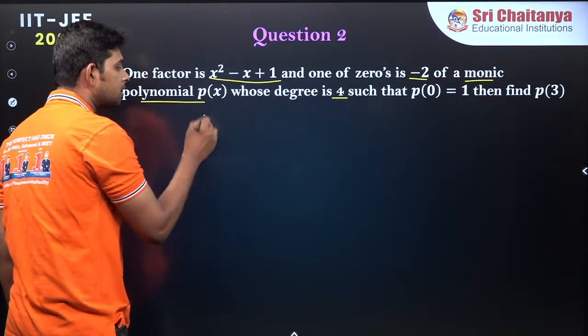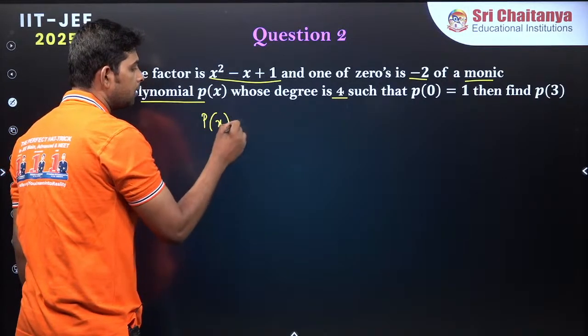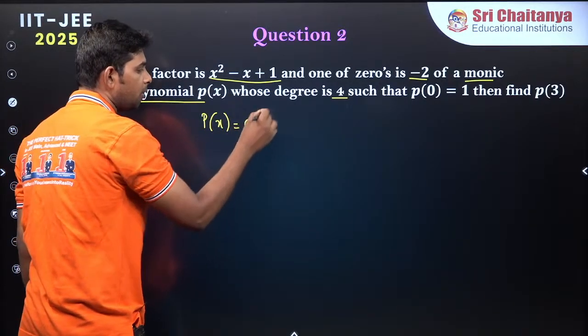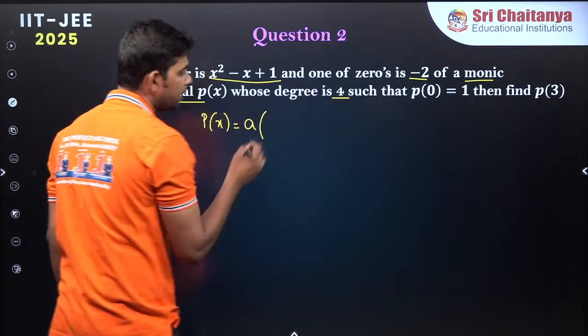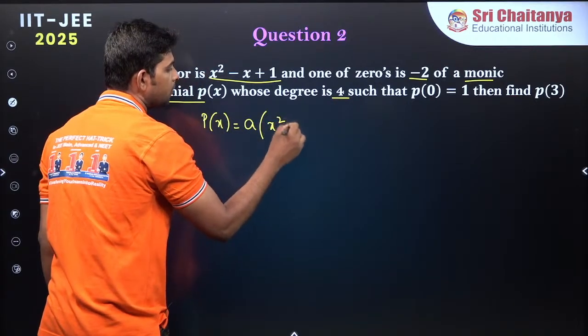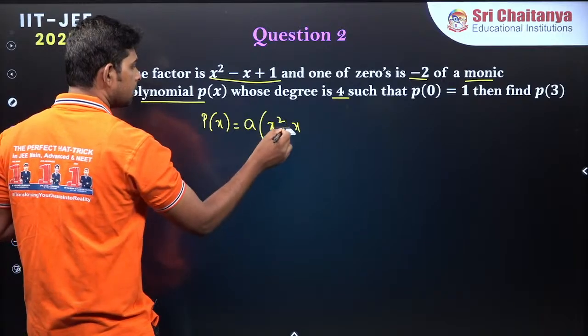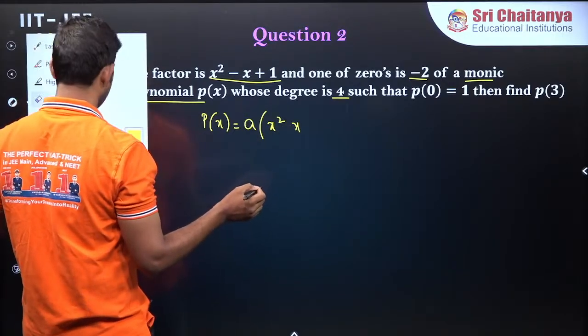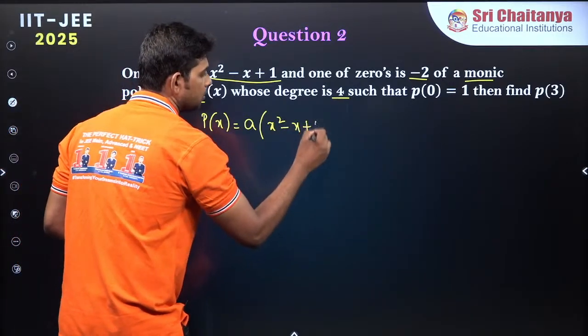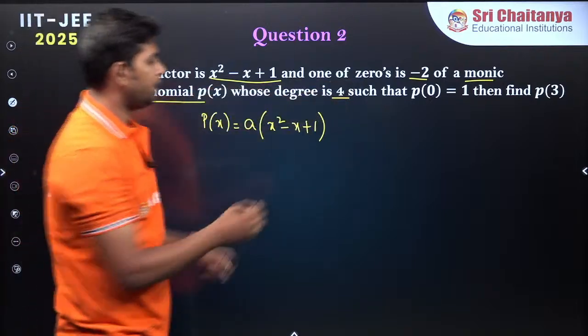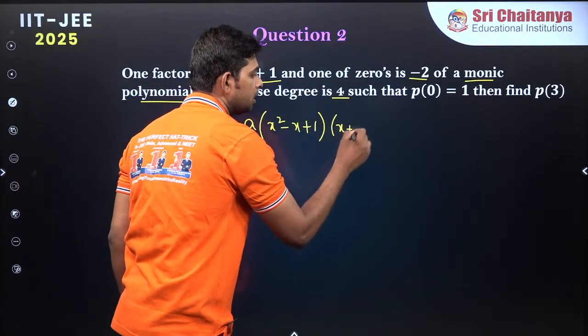So P of x is equal to, we don't know the coefficient of x power 4, but they are saying it is 4th degree, that is why I am going to write the first factor that is given, x square minus x plus 1. And then they have given one more 0, that means you can take x plus 2 here.